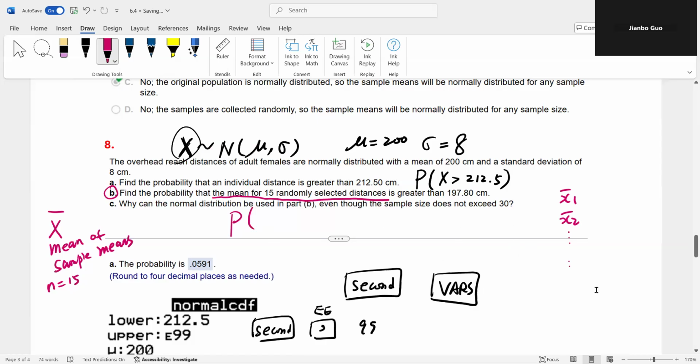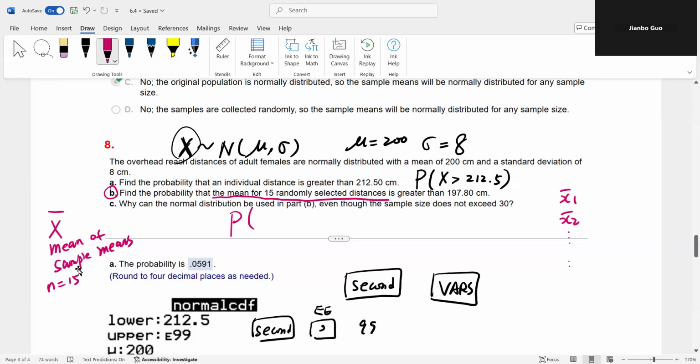And we know those sample means, based on the central limit theorem, are normally distributed because the original population is normally distributed. The requirement for applying the central limit theorem is met. The requirement says either the population is normal, or even if the population is not normal, the sample size is bigger than 30. In this case, the sample size is not bigger than 30, but it doesn't matter because the original population is normal. So the central limit theorem applies.